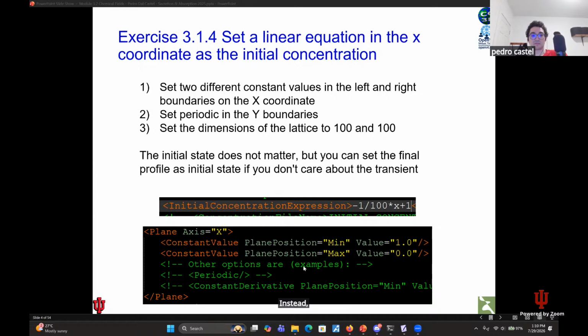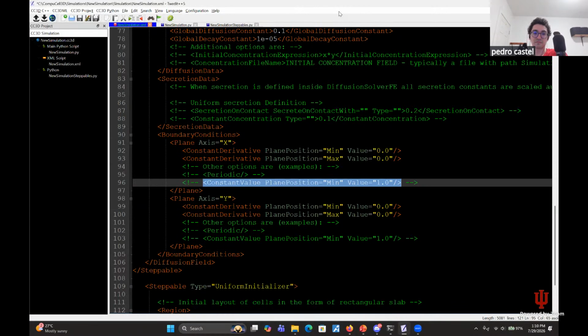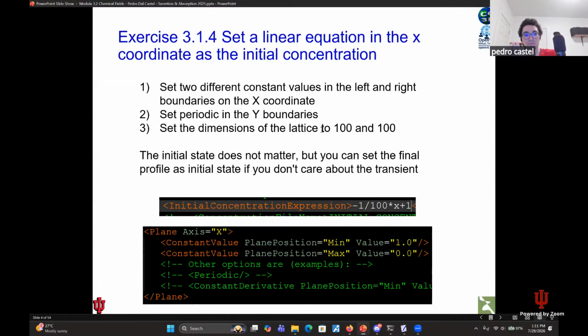Instead, you have to type it in, but I can give you the code for that. There is not a built-in function for it under CC3D Python. If you are looking to change it on the XML, it's not on CC3D Python that you will find it. You will find it on CC3DML, drop-down menu, then steppables.